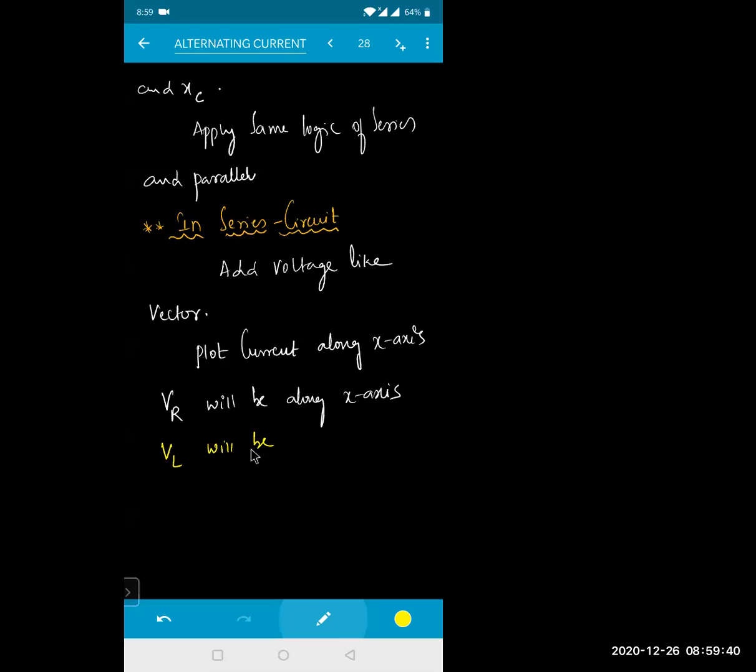Potential across the inductor VL leads the current by pi by 2. So plot it on the positive y-axis.